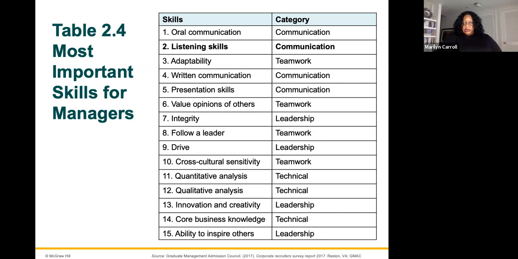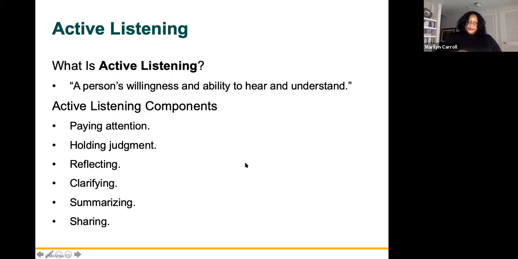You see these categories? Communication, communication, adaptability, teamwork, communication. These are important skills for many leaders and many jobs that are out there on the open market. And so you want to be careful and make sure that you fall into some of these categories.